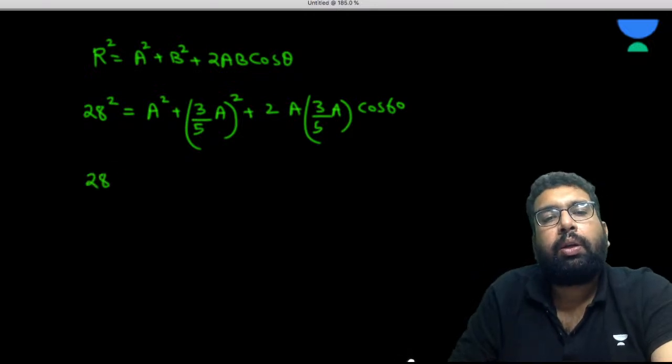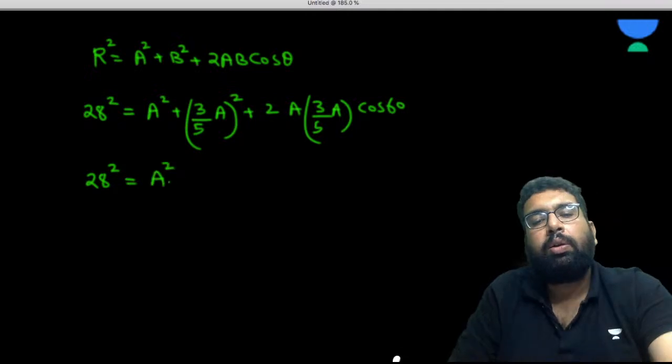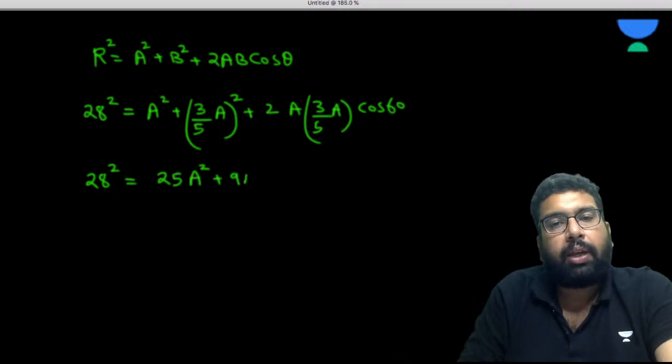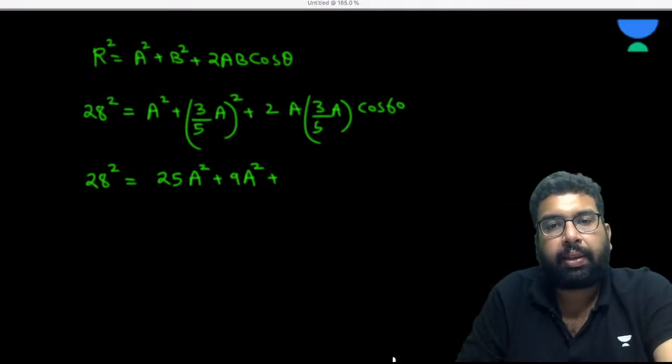So it is going to become 28 square is equal to, taking the LCM, 25 of A square plus 9 of A square plus 5 into 6, that is 30.